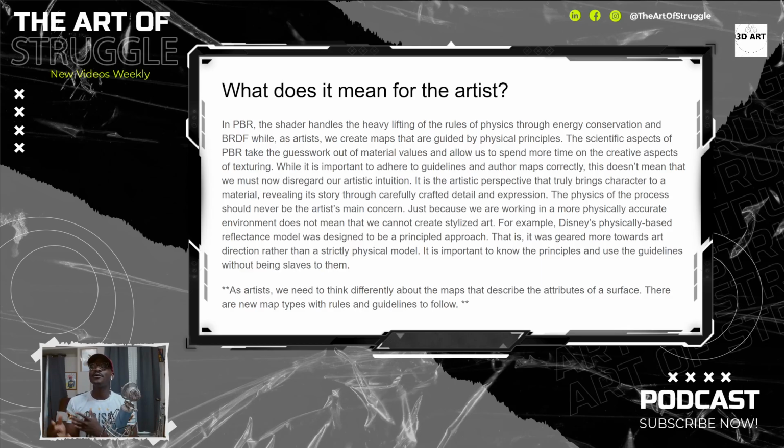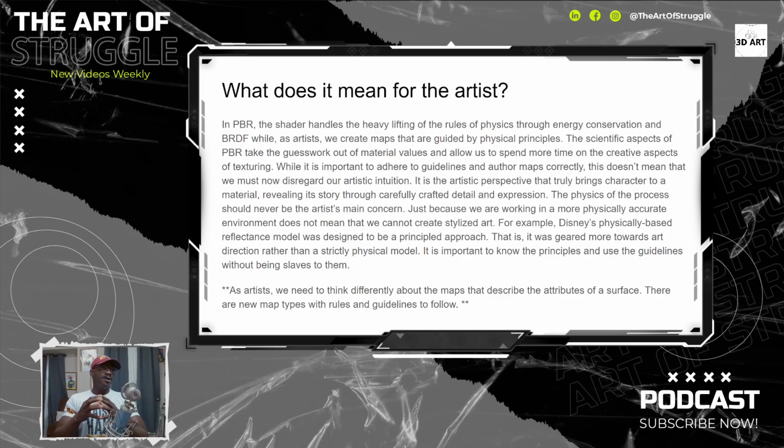While it's important to adhere to guidelines and author maps correctly, this doesn't mean that we must now disregard our artistic intuition. It is the artistic perspective that truly brings character to a material, revealing its story through carefully crafted detail and expression.